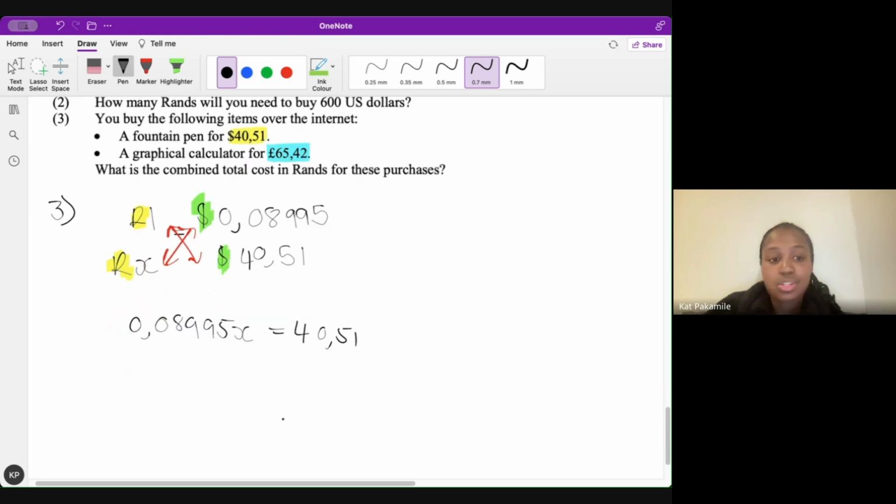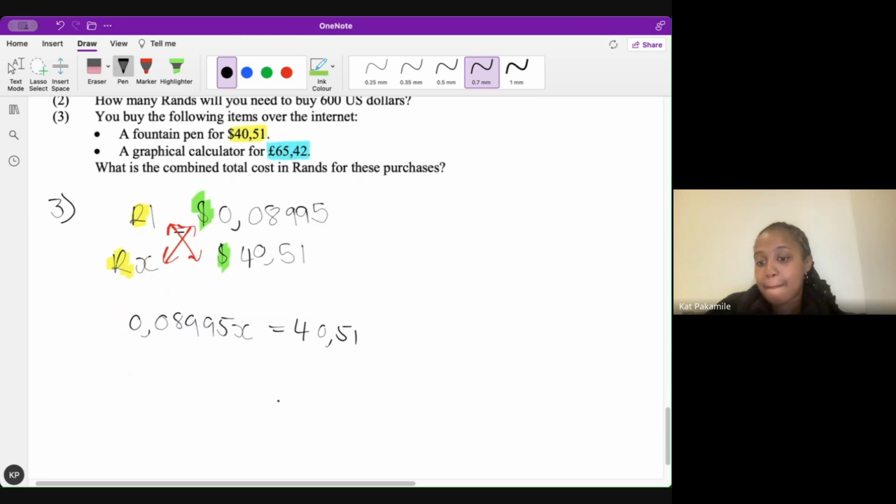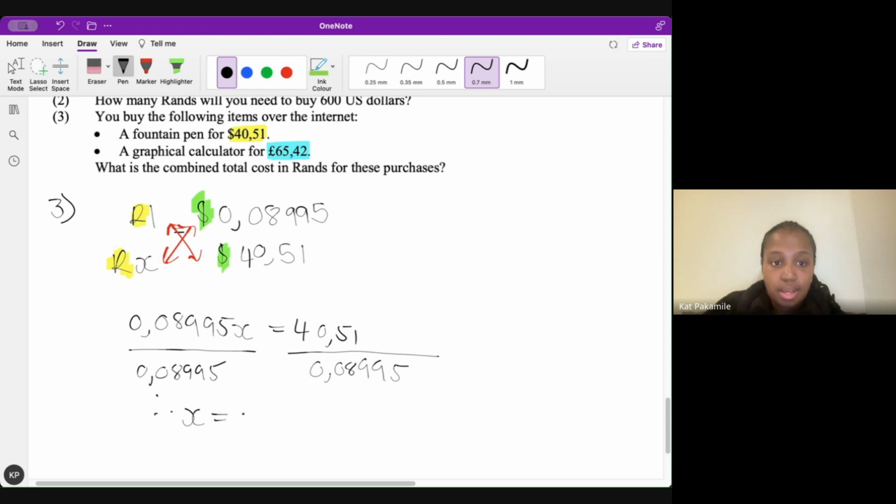How am I going to get X on its own? I'm going to divide both sides by 0,08995. Therefore, X is equal to 450,36 rands. Great, we have sorted out the cost of the fountain pen.